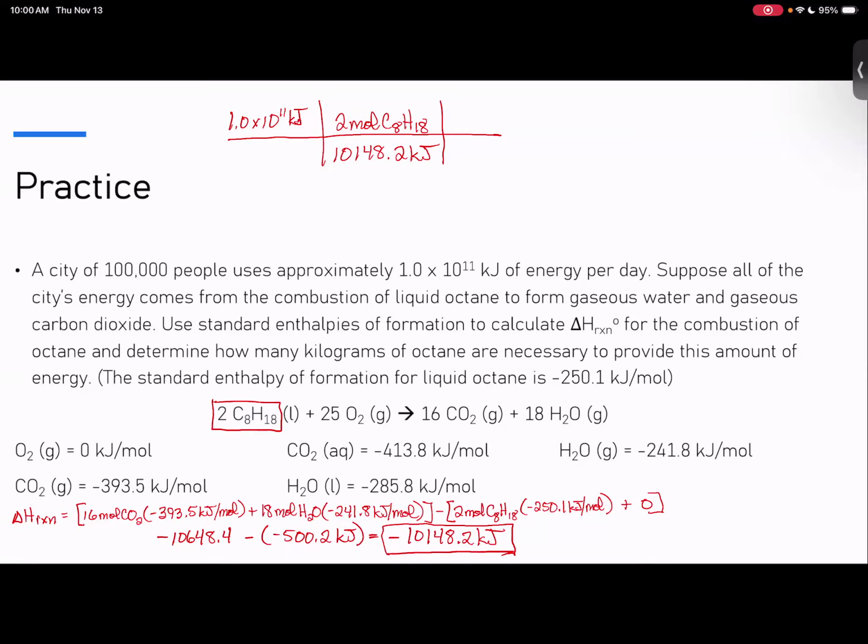So then what you need to do is convert that into grams, using the molar mass of octane, which I'm making sure I keyed into my calculator right first, which 1 mole of octane is 114.26 grams.